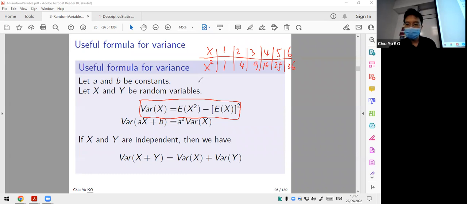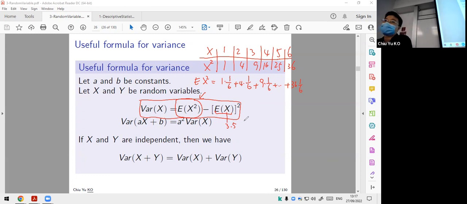So that means expected x squared will be just 1 times 1/6, 4 times 1/6, 9 times 1/6, and so on and so forth until 36 times 1/6, right? You add everything up, you get this number. And the expected x, you already know, is 3.5, right? So by using this shortcut, that makes your life easier.